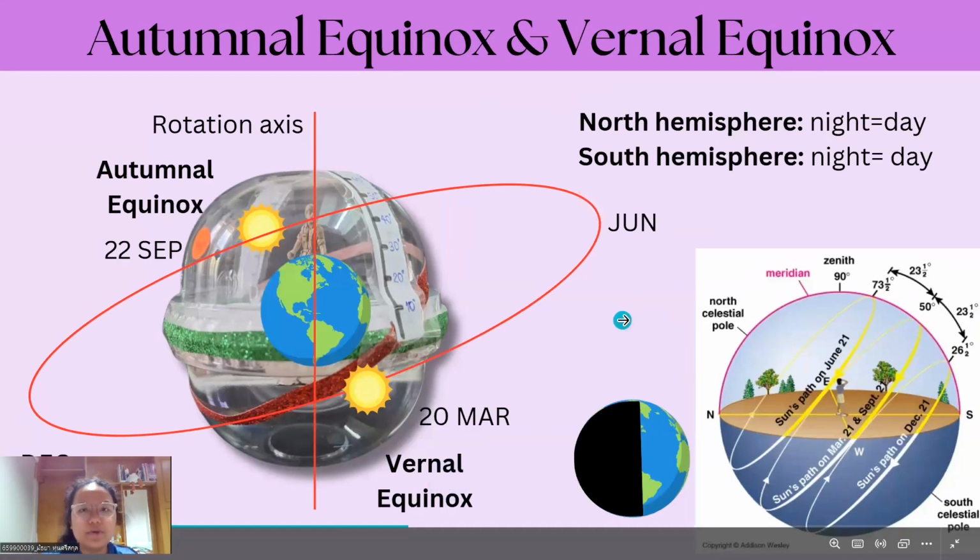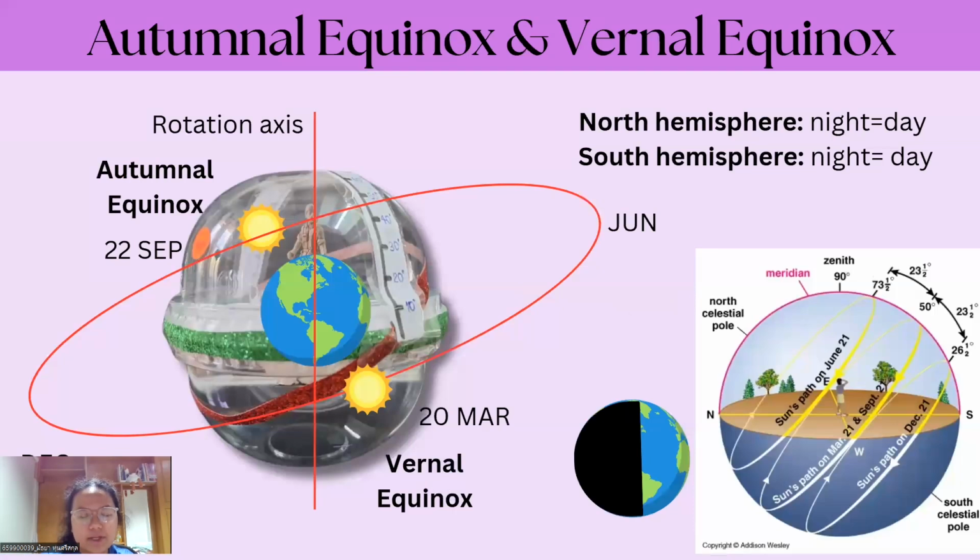And the autumnal equinox and vernal equinox are the middle positions between the summer solstice and winter solstice. The vernal equinox is around 20 March, and the autumnal equinox is approximately 22 September.